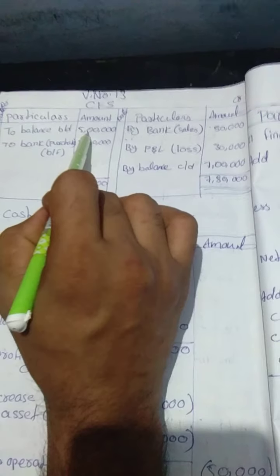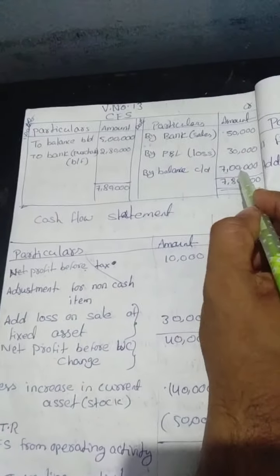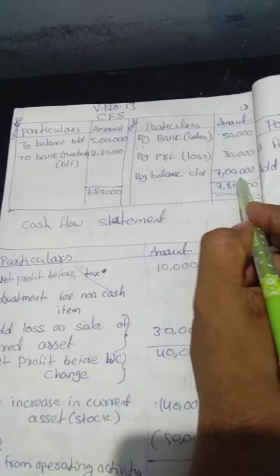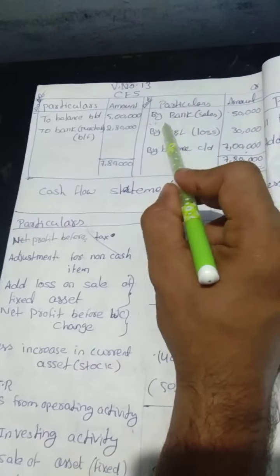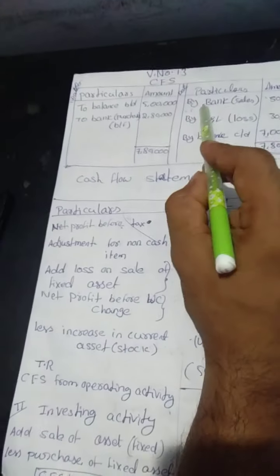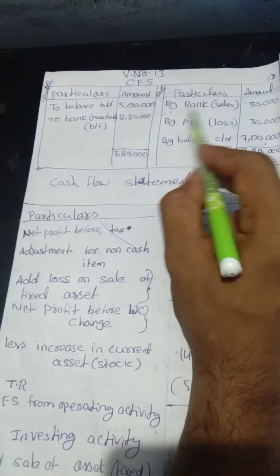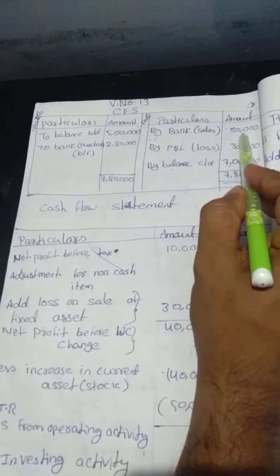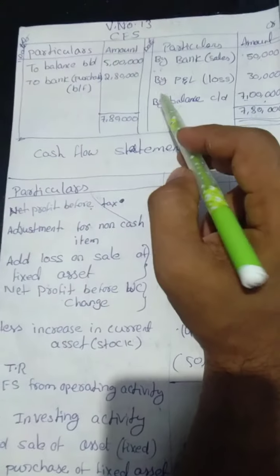The closing balance we show on the credit side, 7 lakh, by balance carried down. Another amount is the sales amount, which we received through the bank, 50,000. We mention that 50,000 here in brackets to show that it is a sale.